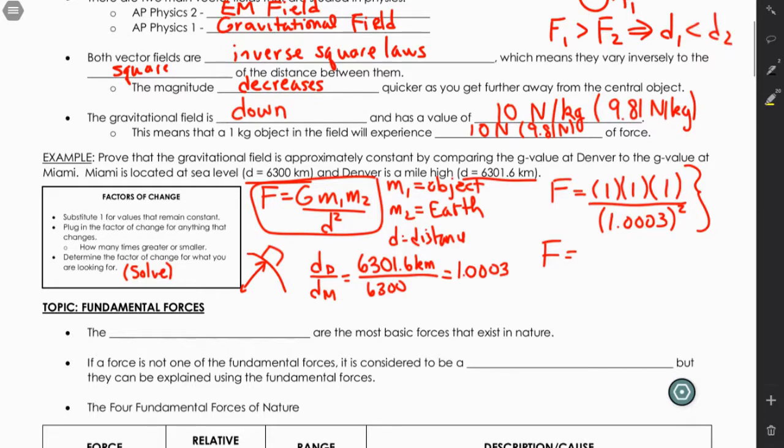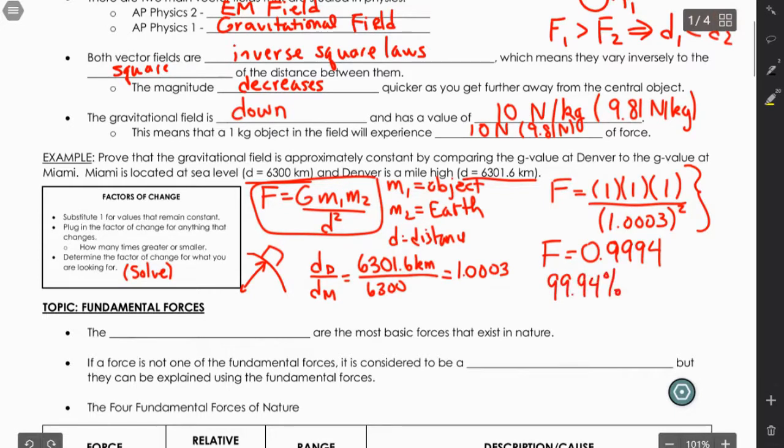So I'm going to do essentially 1 divided by 1.0003 squared, and I'm going to get 0.9994. If I multiply this by 100 to put it into a percentage, it's 99.94%.